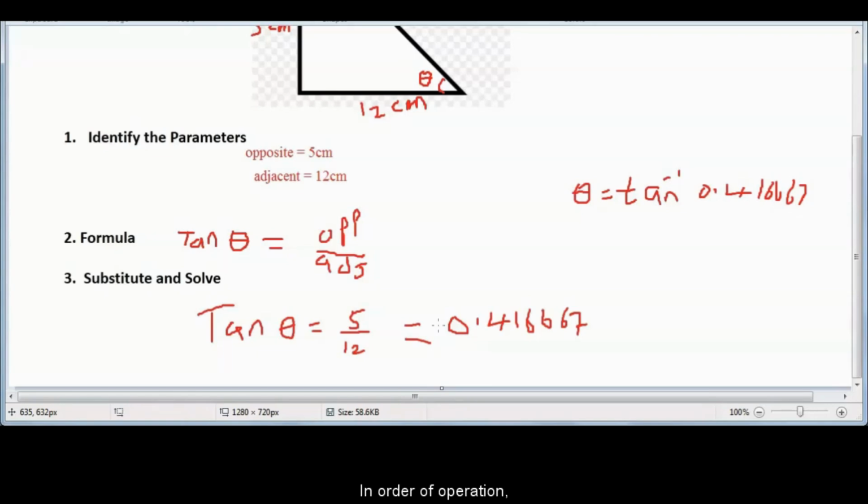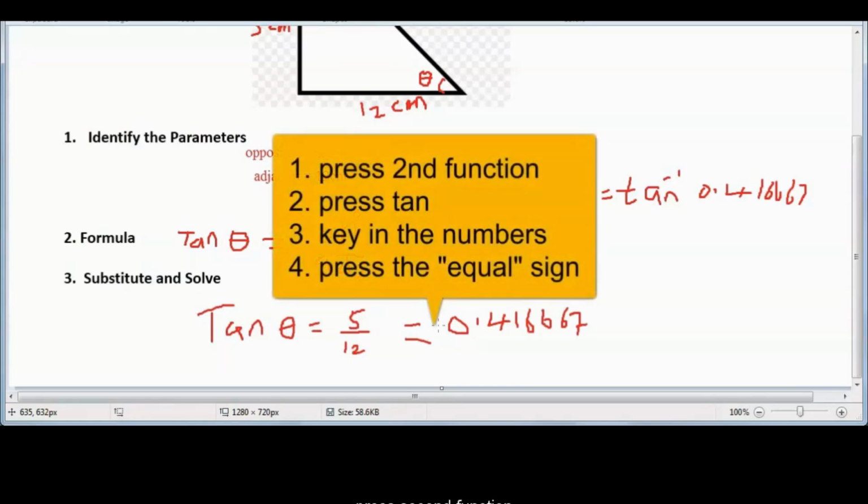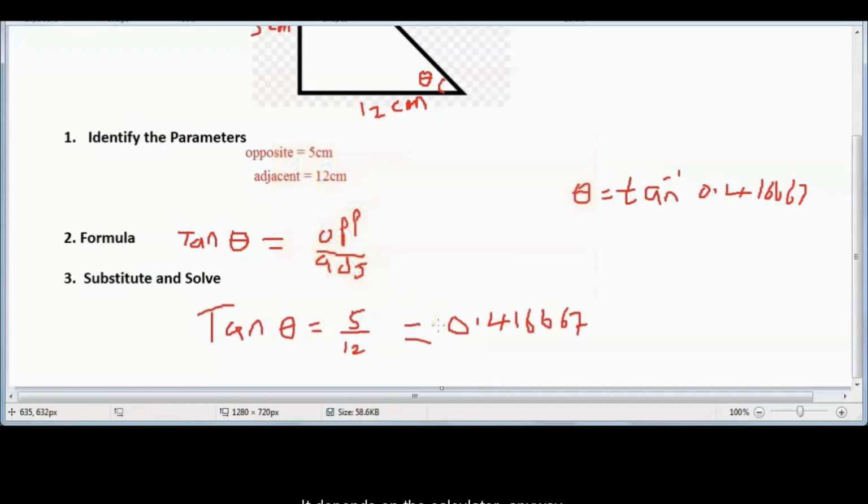So in order of operation, this is what you should do. 1. Press second function. 2. Press tan. 3. Key in the numbers. 4. Press the equality sign. It depends on the calculator anyway, but these are the basic steps.